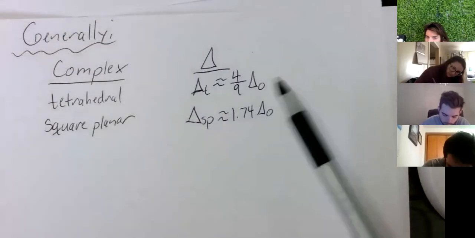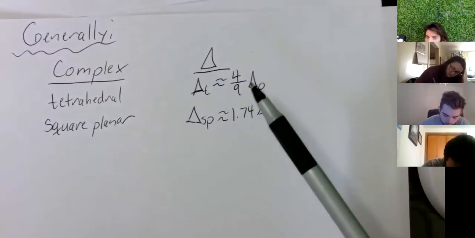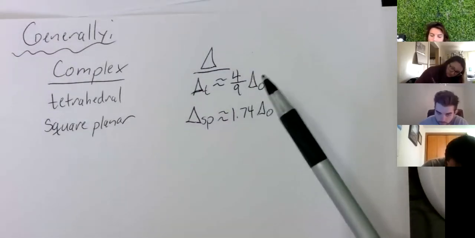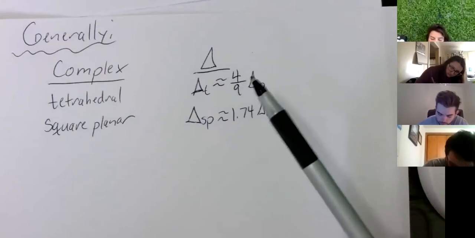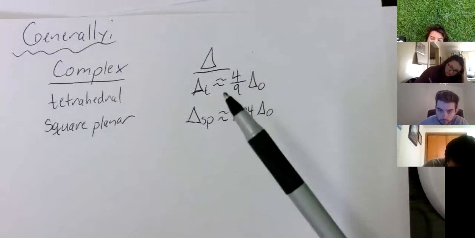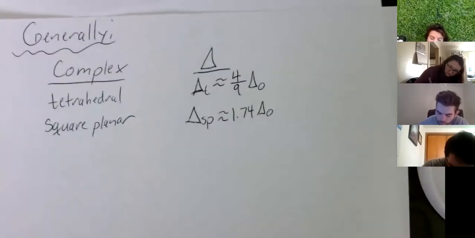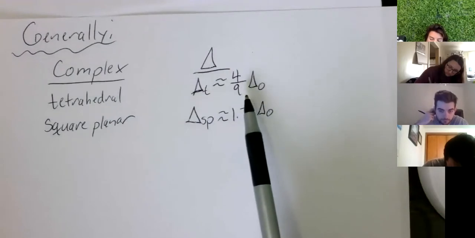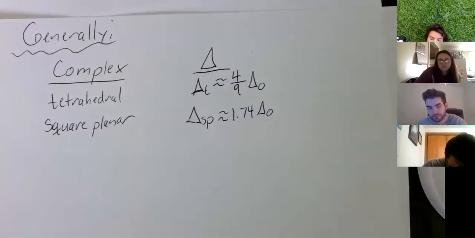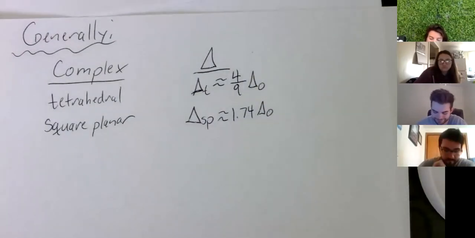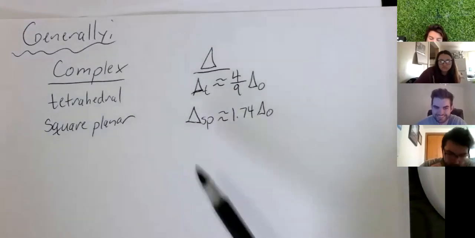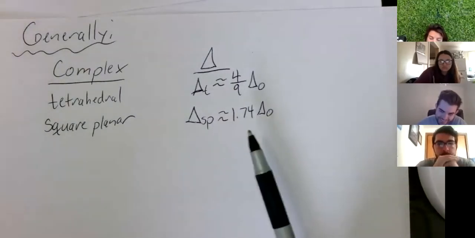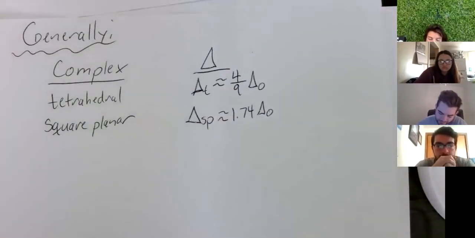So looking at the scale, if we were considering tetrahedral, tetrahedrals actually generally have a smaller ligand field splitting, about 4/9 of the octahedral field splitting. Square planar, it's the opposite. It tends to be way larger. So just keep that in mind.